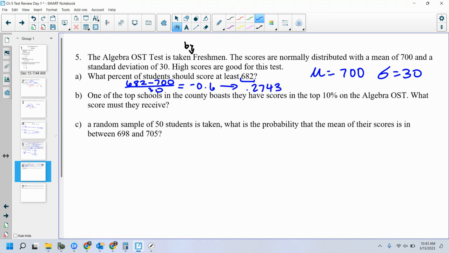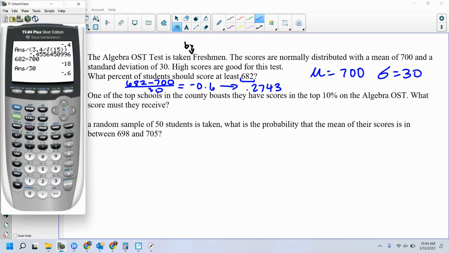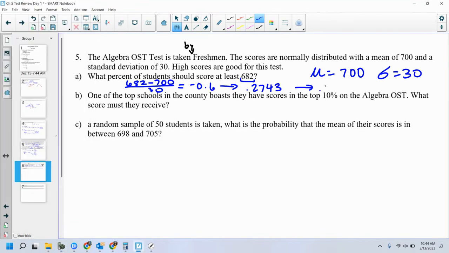Now, do I have to take one minus? Yeah, because it's at least, greater than, right? So 1 minus 0.2743 gets us 0.7257. So about 73% of students should be getting this 682 or higher.